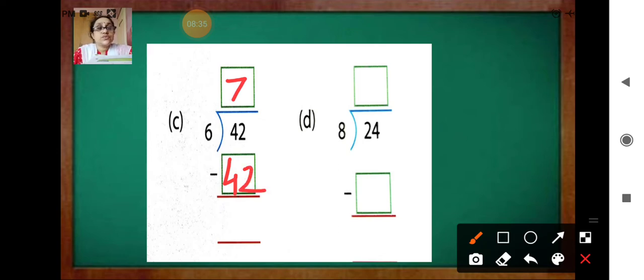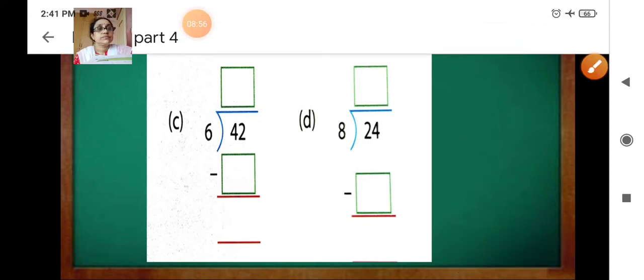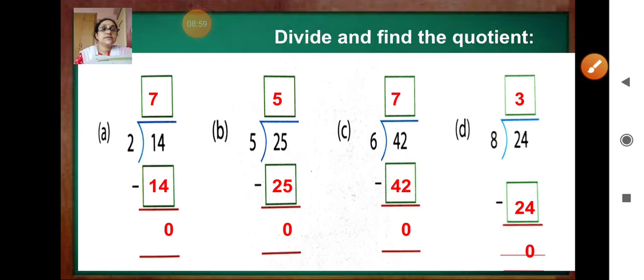Again 2 minus 2, 0. 4 minus 4, 0. Question D. 24 divided by 8. 8 threes are 24. And write 0 here. You can see 4 minus 4, 0. 2 minus 2, 0. Now check your answer. Have you checked the answers? You have done correctly.